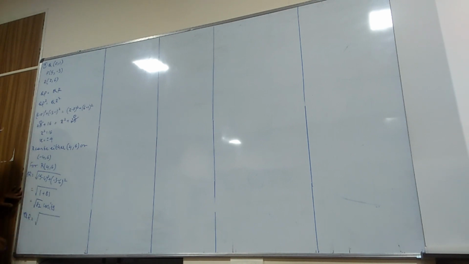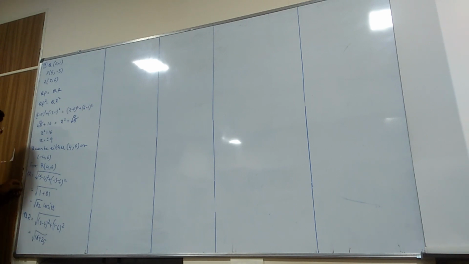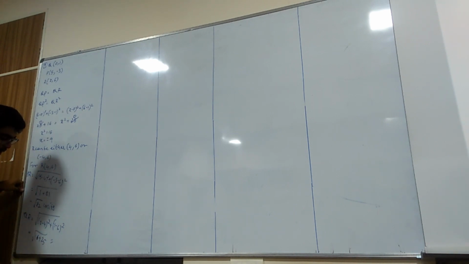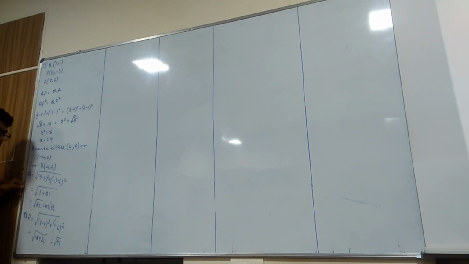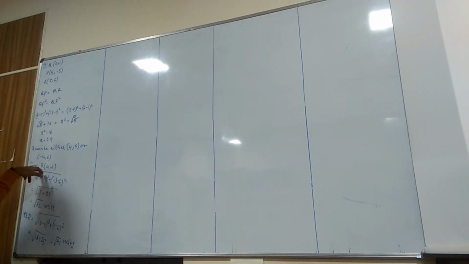Root of, what is Q? (0 minus 4) the whole square plus (1 minus 6) the whole square. (-4) the whole square is 16, plus 1 minus 6 is -5. (-5) the whole square is 25. 25 plus 16 is 41. Root 41 units. This is when R is equal to (4,6).